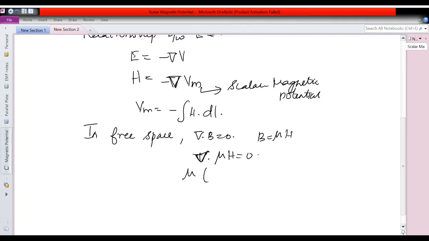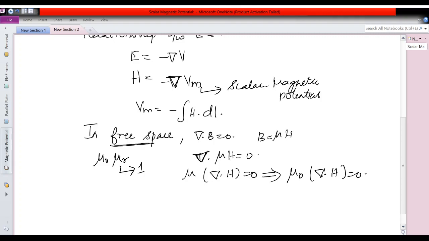So mu I am taking out. I can write del dot H is equal to 0. Now it is free space, so mu r is equal to 1. I am going to simplify and write this equation as mu naught into del dot H is equal to 0.